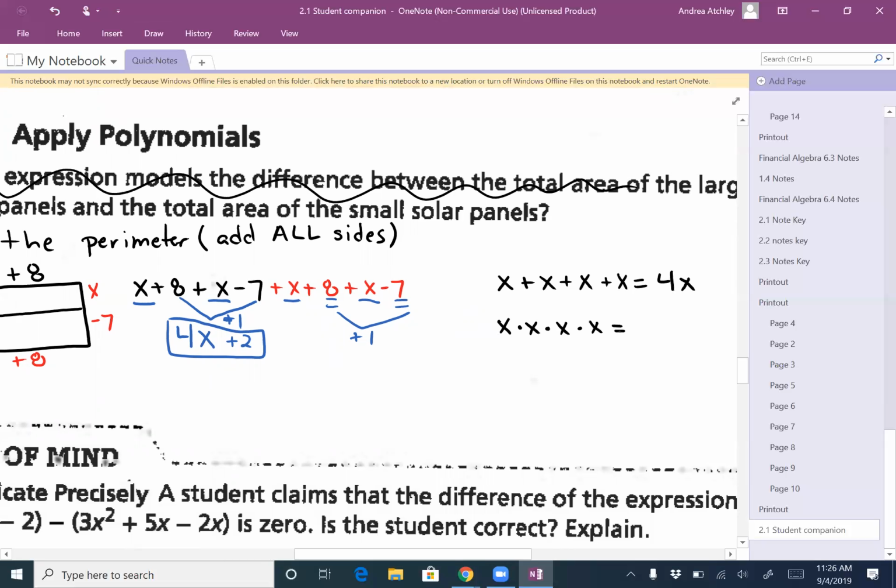I get a lot of people saying it's x to the 4th. Okay, so notice the difference. When I add a bunch of x's together, I get a coefficient of 4. There are 4 x's here. When I'm multiplying x a bunch of times, I get the exponents because that's what exponents are, repeated multiplication. Okay. So please, on your homework and in your quizzes, 4x plus 2. That should be our answer. Any questions over that?